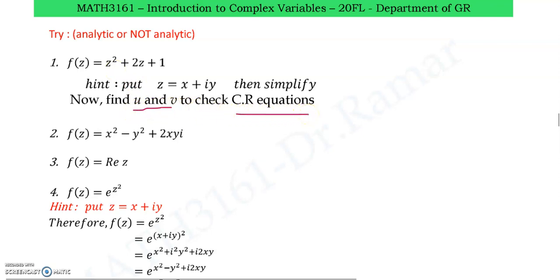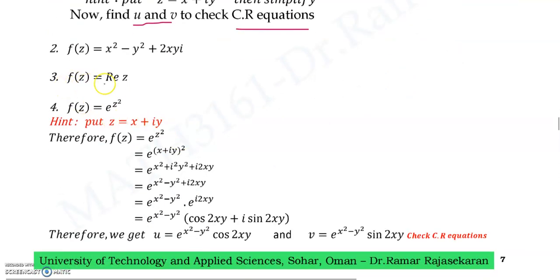As we checked the above 4 examples, just find the partial derivatives and then check the two conditions of CR equations. If both the conditions are satisfied, you can write that this function is analytic everywhere. Otherwise not analytic. For the second question also, you can find u, v directly, then check the conditions. For the third question also you can find u, v, then directly check the conditions.